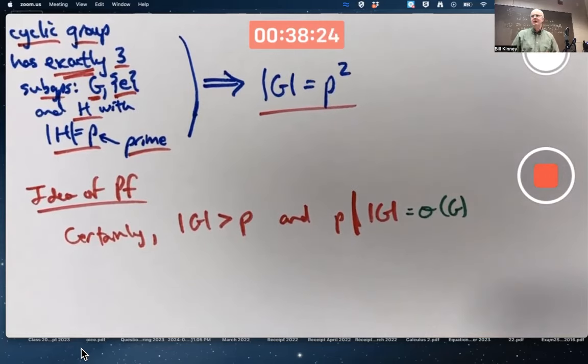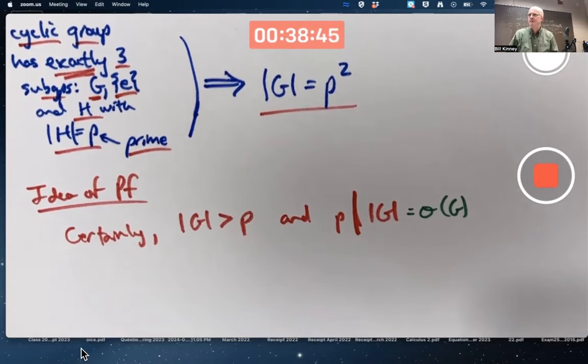So the possibilities would be that the order of G is a power of P, or a power of P times some other primes. Intuitively, if you have really high powers of P or lots of other primes in the prime factorization of the order of G, there'd probably be lots of subgroups of G, which would contradict the fact that we're assuming there's only 3.